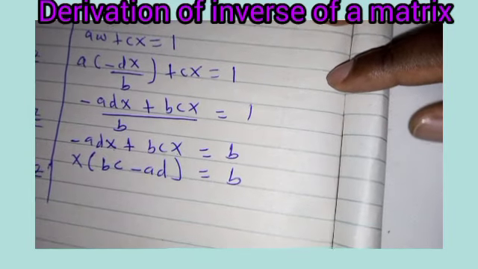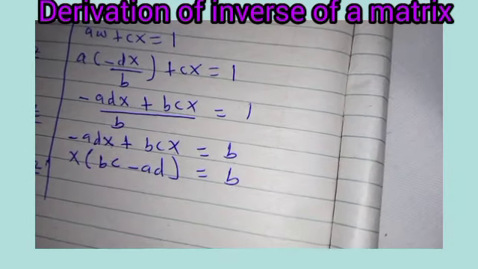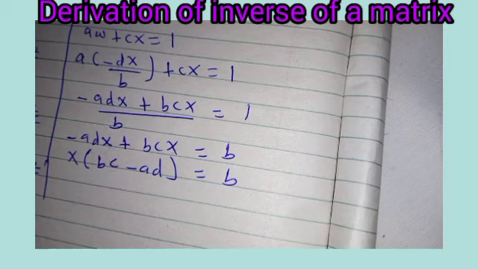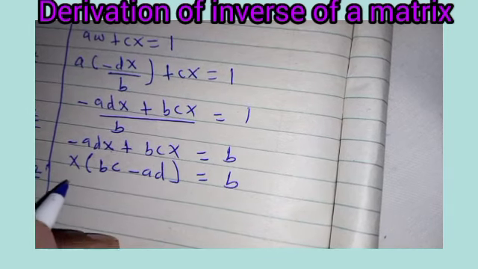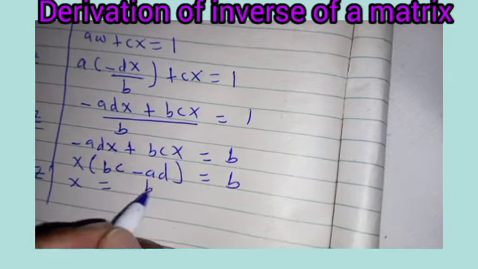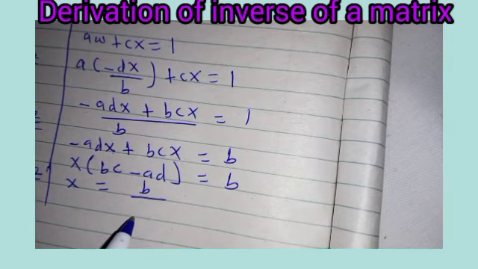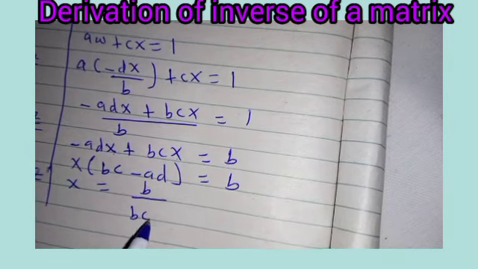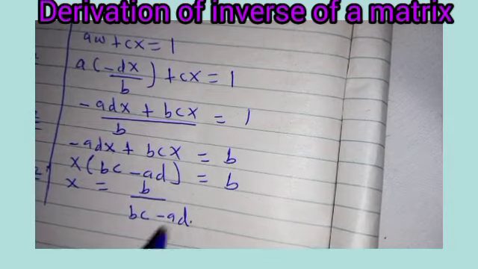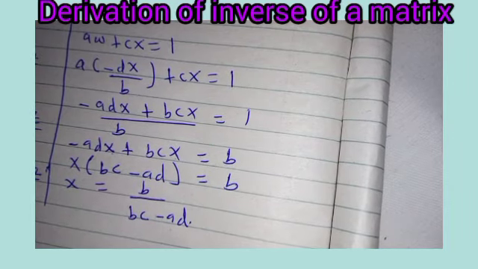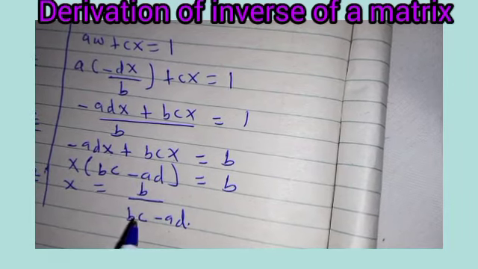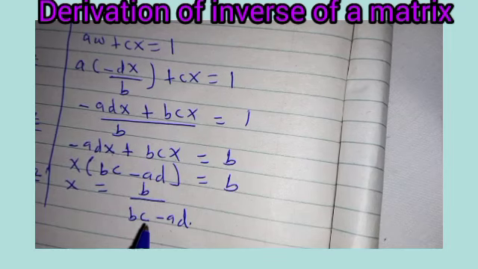So x is equal to b divided by bc minus ad.